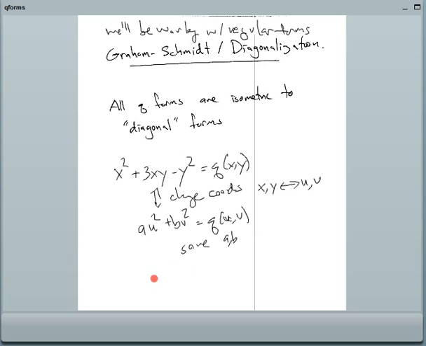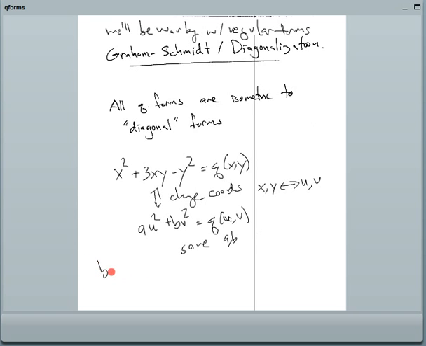The procedure for doing this is the classical Gram-Schmidt diagonalization process that you learn about in linear algebra for finding an orthogonal or orthonormal basis for a vector space with respect to a bilinear form.